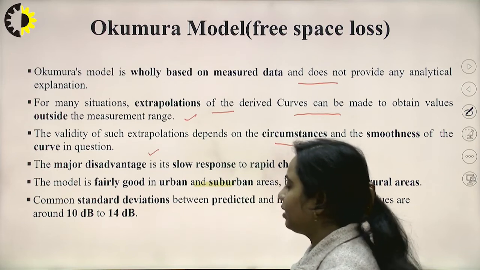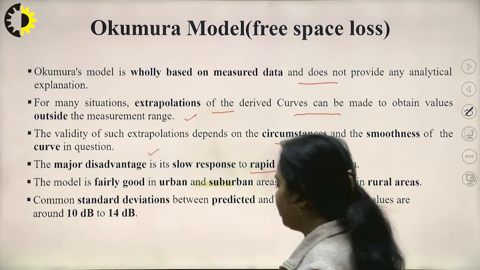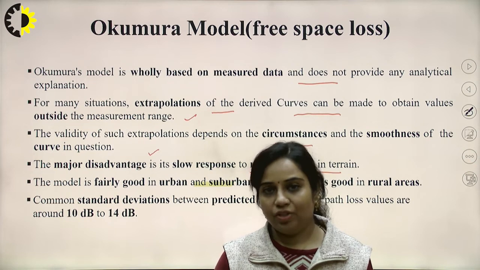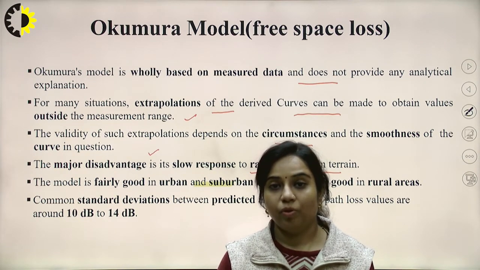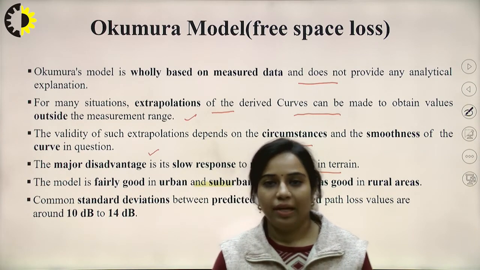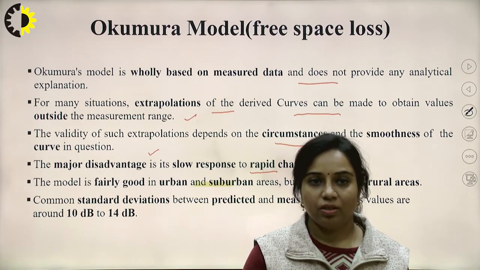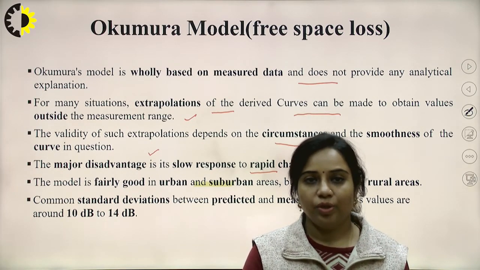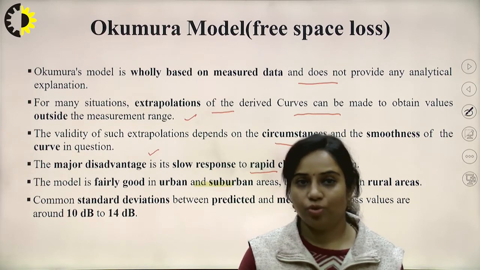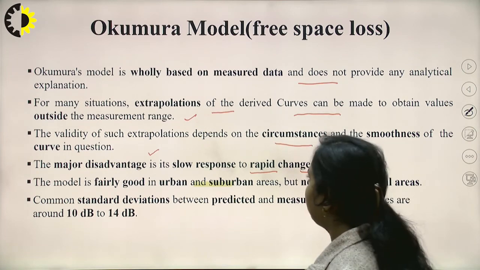The main disadvantage of this particular Okumura model is its slow response to rapid changes in terrain. This means that when we want to model a wireless channel and use this model for the transmission of internet or voice signals, the feedback is quite slow, because it will not change its characteristics rapidly as the terrain changes rapidly, since it is not an analytical model and there is no analytical explanation.